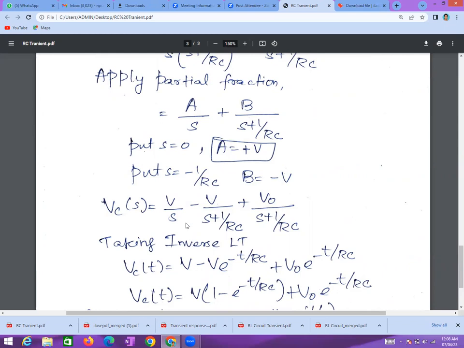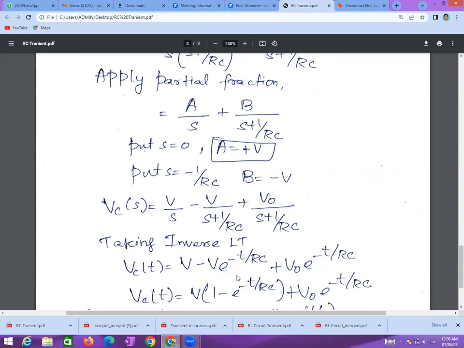So here V minus, again V by S plus A. The inverse Laplace of 1 by S plus A can be rewritten as e to the power minus A into t. Here instead of A we have 1 by RC, so minus t divided by RC. Similarly here also, plus V naught into e to the power minus t by RC.